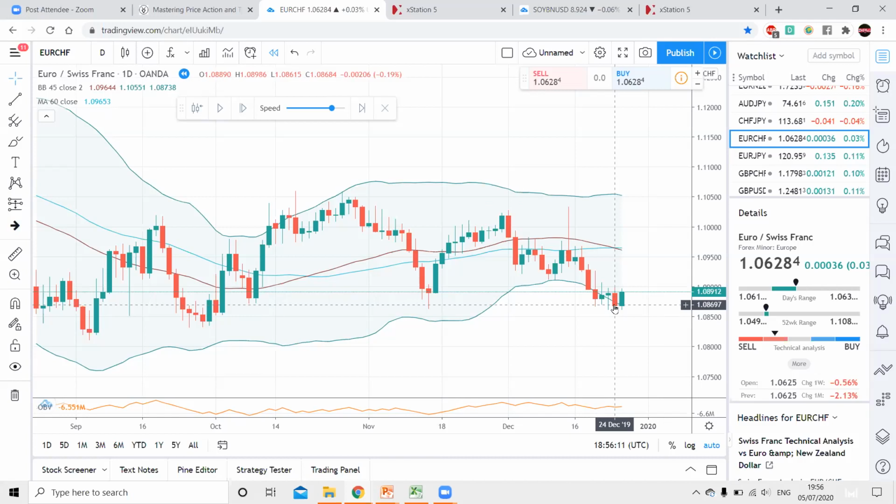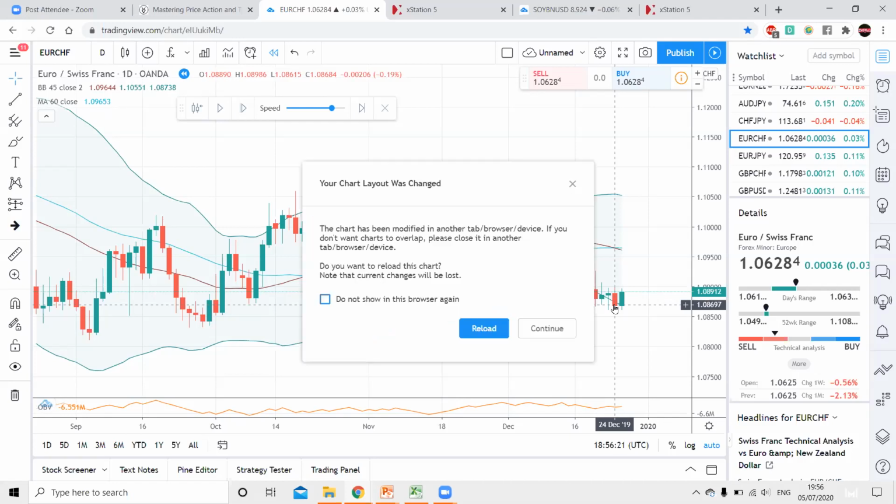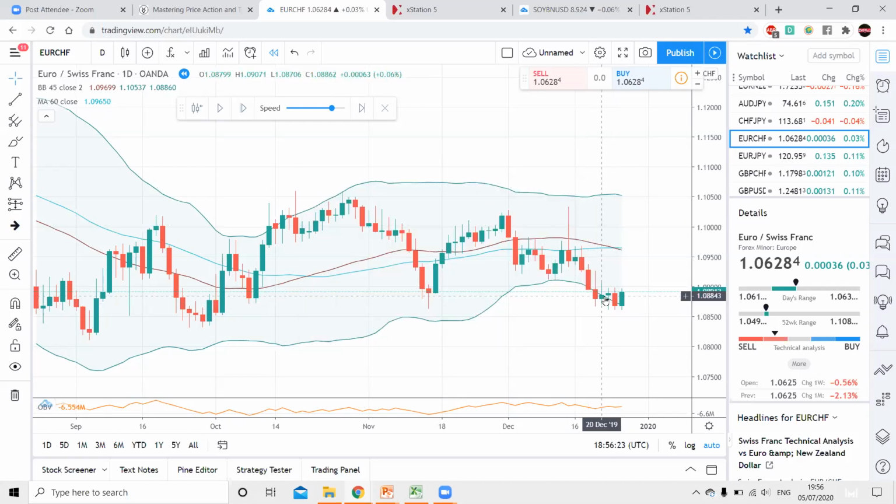And the moving averages, you can see the red and the blue numbers in the top left, 1.09644 for the Bollinger Band, 1.09653 for the moving average. So you can see that the moving averages are the correct way around for a sell. And the momentum is going that way as well, which is useful to know.